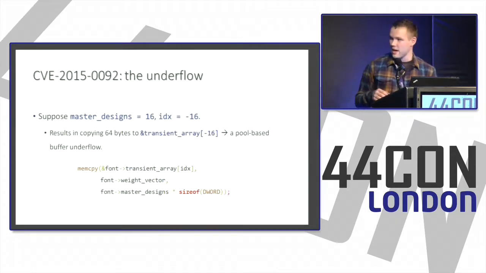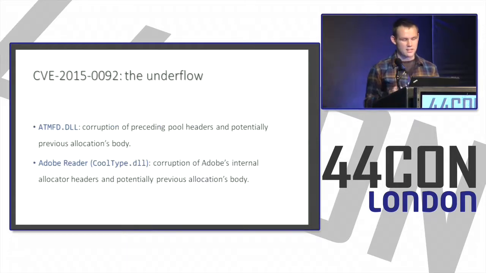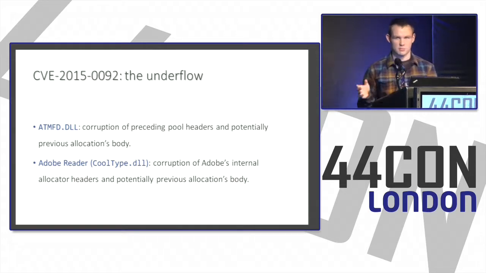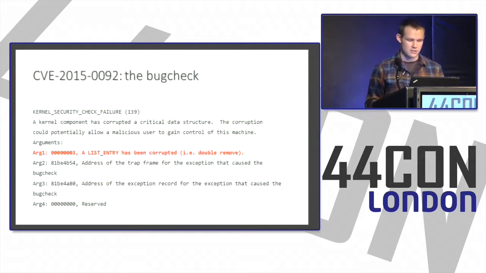So you could have the following memcopy to execute with IDX equal to a minimum of -16. For ATMFD in the Windows kernel, this would mean corruption of the preceding pool headers or possibly the allocation that was before it. For Adobe Reader, it means corruption of Adobe's internal allocated headers. This is how Windows would crash upon triggering this bug.